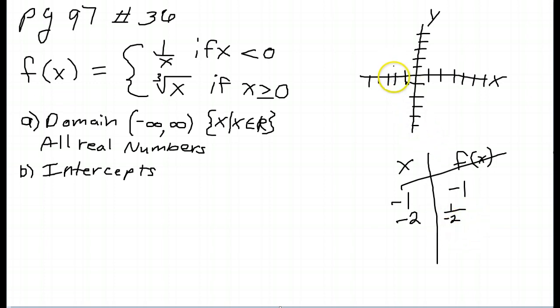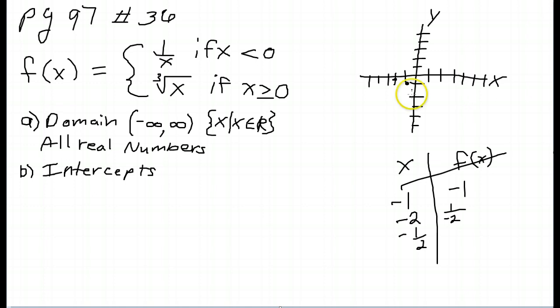So I go left to -2 and I only go down halfway and put a dot. Now, what if I were to choose -1/2, because I want something closer to the y-axis, but see, I cannot put 0 in the top function.